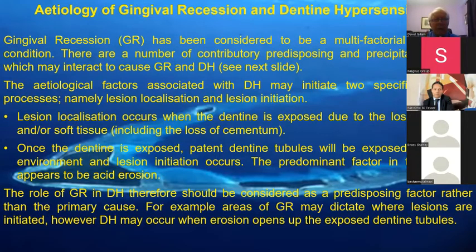So once it's exposed, then the acidic or erosive components within the healthy diets often will open up the tubules, and acid erosion appears to be the key issue here. I would suggest that looking at the various publications, we should really look at the role of gingival recession in dentin hypersensitivity as a predisposing factor rather than the primary cause. Next slide, please.